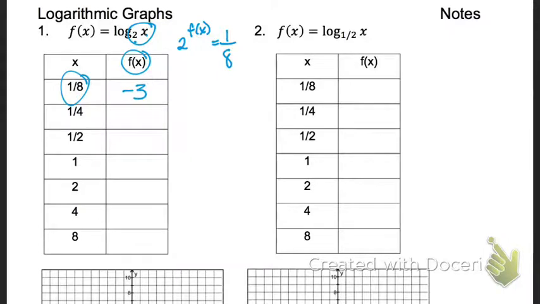What do I need to raise 2 to get to 1/4? Negative 2. What do I need to raise 2 to get to 1/2? Negative 1. To get to 1, 0. To get to 2, 1. To 4, 2. To 8, 3. Perfect. Yes.